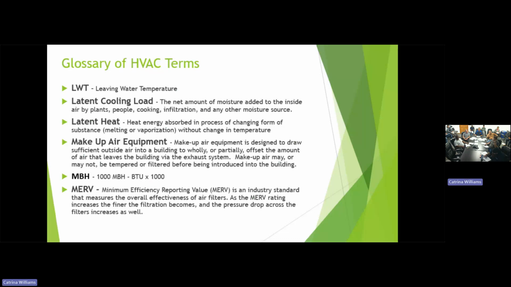Makeup air equipment. We kind of talked about that before with direct fire. It's designed to draw sufficient outside air into a building to wholly or partially offset the amount of air that leaves the building, whether it's exhaust fans or just exfiltration for whatever reason. It may or may not be tempered or filtered before being introduced to the building.